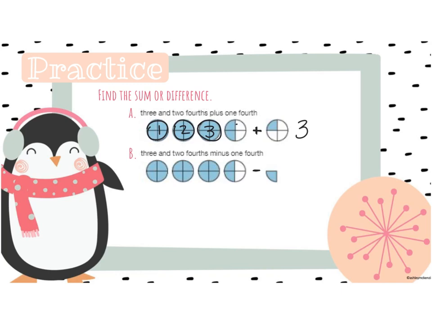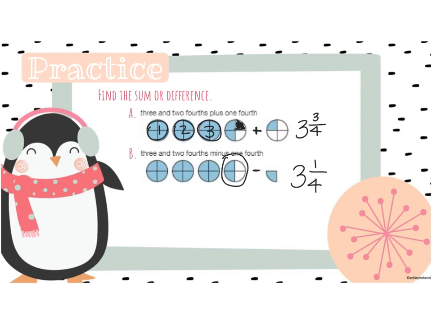So look at that now. How many fourths is that? If I add this 1/4 that's over here, that's 3/4. Yes. And then if I take this one out right here, I'm going to take away 1 piece. What am I left with? 3 and 1/4. Very good.